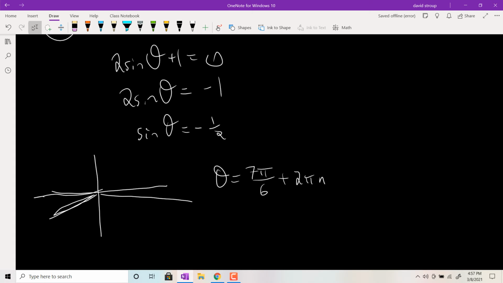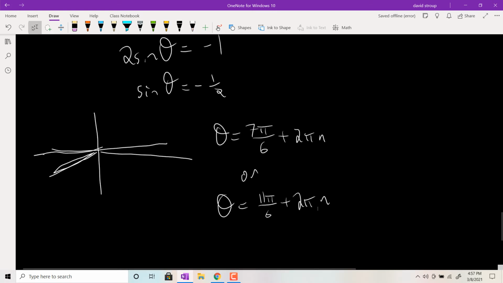You're just always tacking on the plus 2 pi n. Or the other case, where theta equals 11 pi over 6 plus 2 pi n. There's no real way to simplify that into just one thing, so we're going to leave it as is.